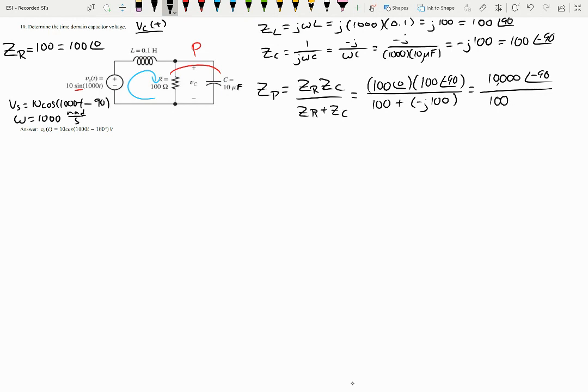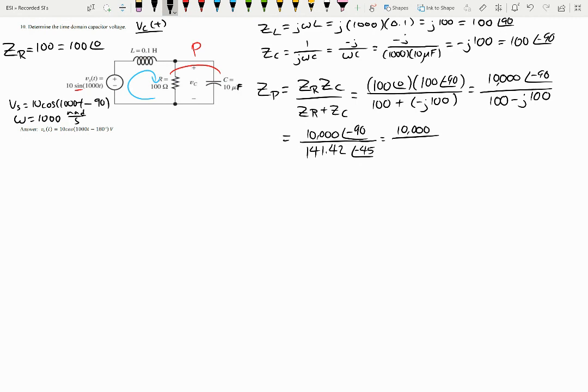And then we'll have 100 minus j100 on the bottom. I'm going to leave it to you to practice converting those. We'll convert them to phasor form because we're about to divide, so we need phasor. That is 141.42 at an angle of negative 45 degrees.